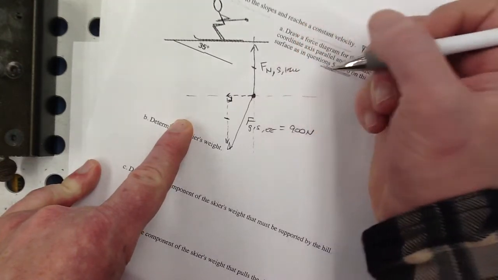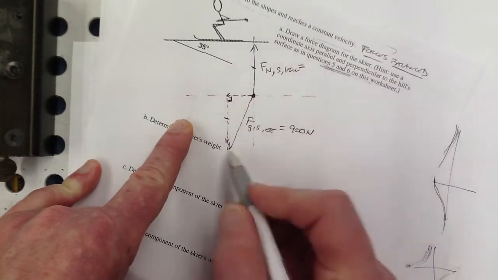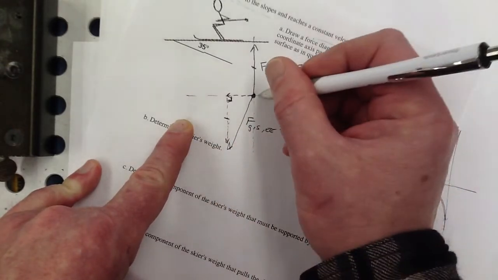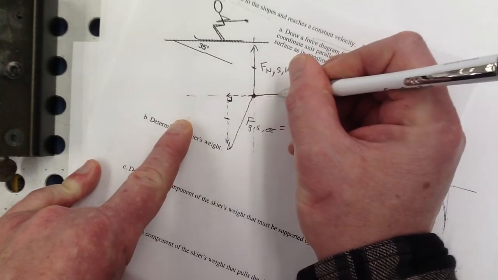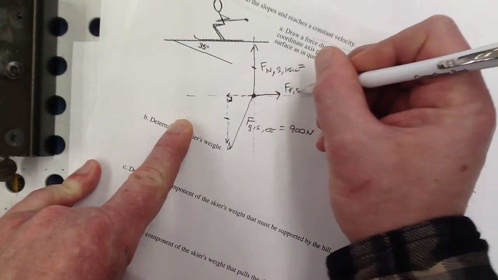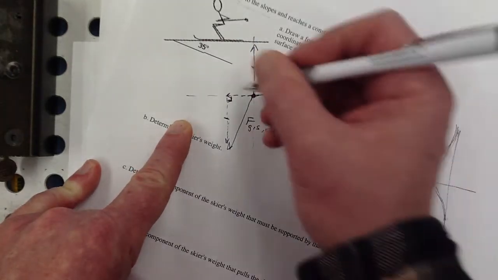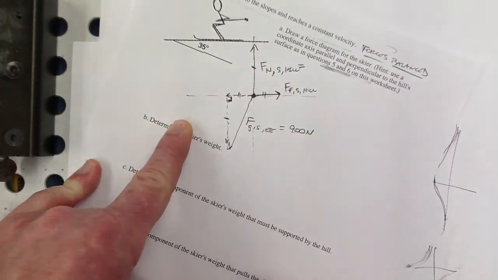I'll say hill. And that is going to be equal to this. I haven't done the math yet here. I'll do that in a minute. And then there's got to be a force of friction on the skier, also from the hill, or from the snow, whatever. And that's got to be equal to that.